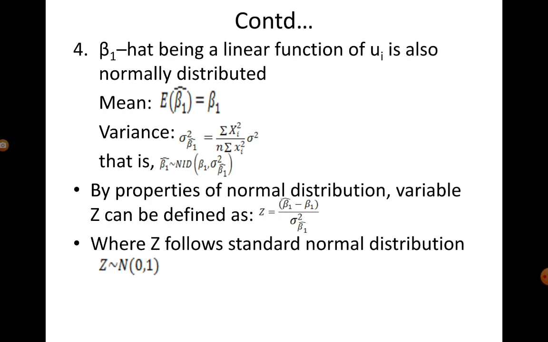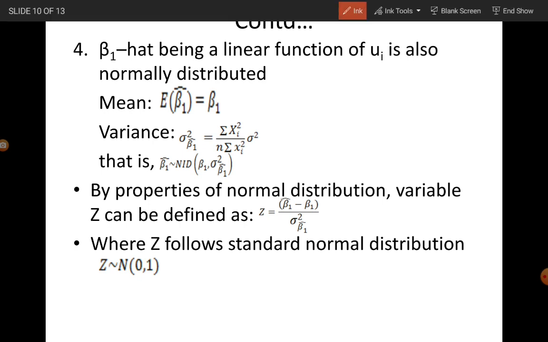So remember, a normal distribution will always be described by two parameters, the mean and the variance, right? This is the technical notation, where the first parameter beta 1 is the mean and the second parameter is the variance, right?